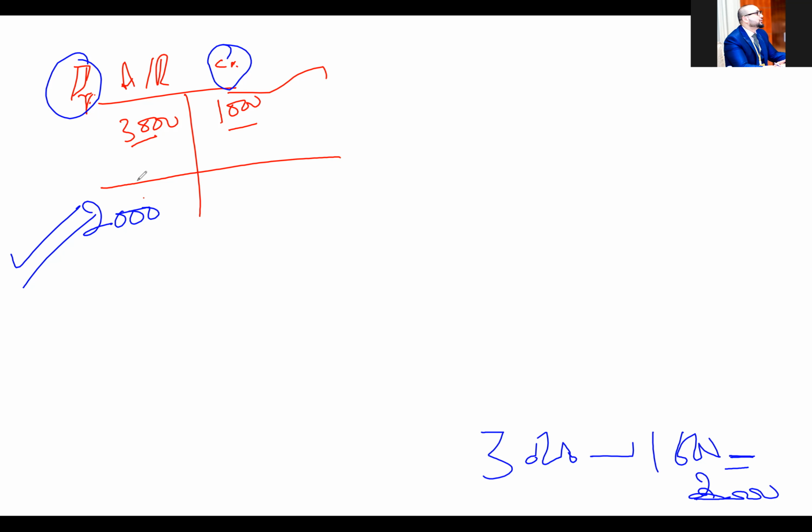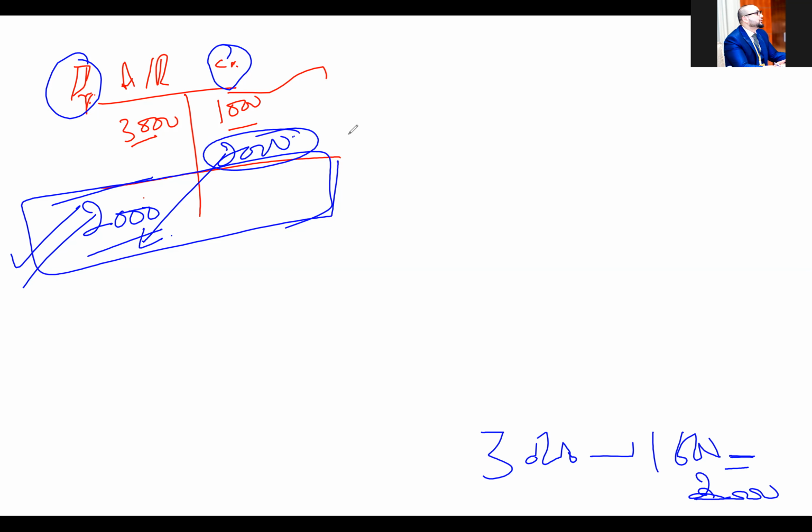So this is the balance. It means now after all this month's end or a year end, my customer, how much they have to pay me? This 2000, right? So we cannot write it down 2000 here. If we write it down 2000, then 2000 is basically belongs to debit side, not the credit side. Why? Because we are now balancing out, and this is a balancing figure.